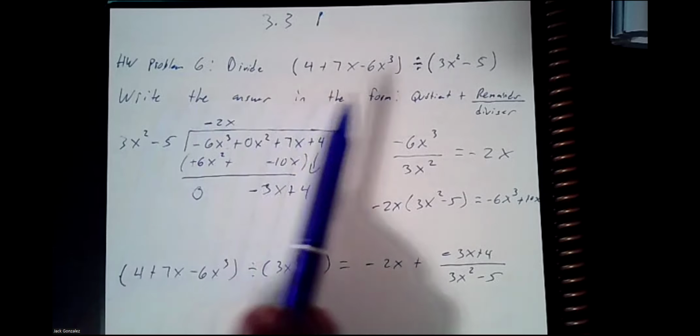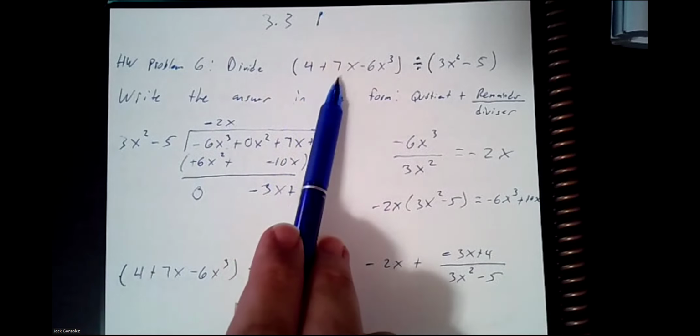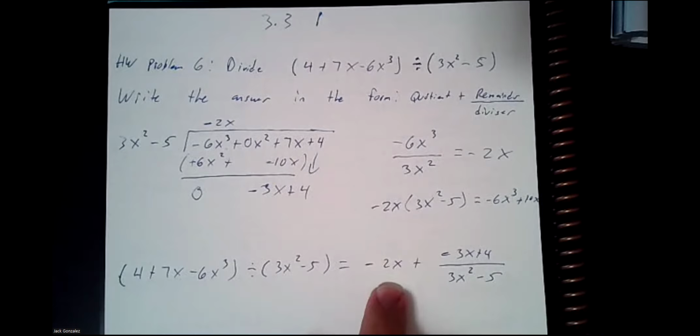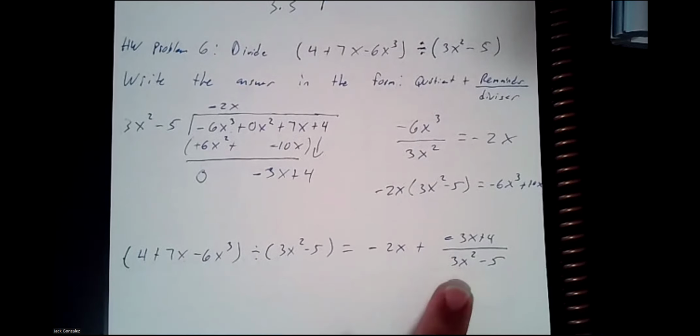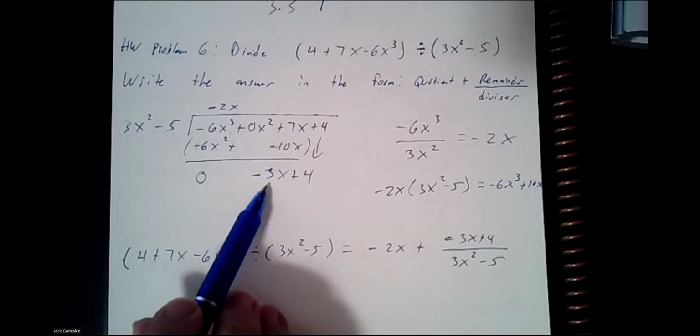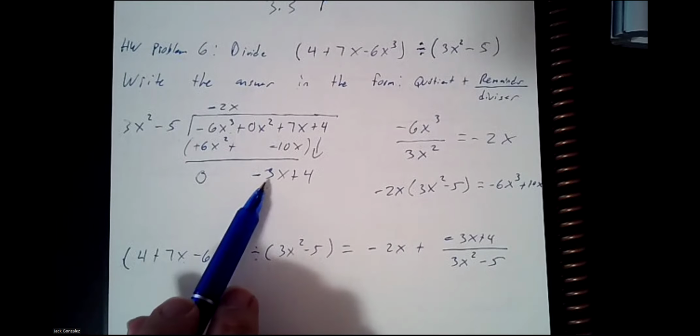So we rewrote the polynomial, this guy divided by that, into these two terms. That's what they want. They want the quotient plus your remainder over divisor. Kind of like how you did mixed numbers way back in the day. But anyway, I couldn't go any further, therefore remainder.